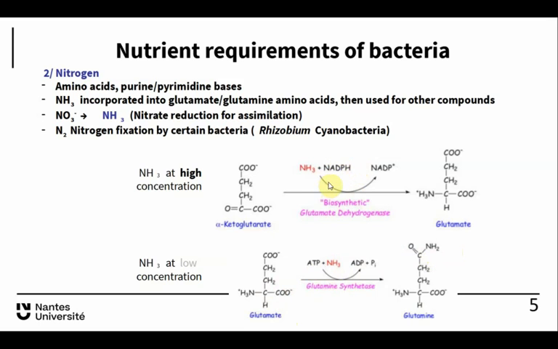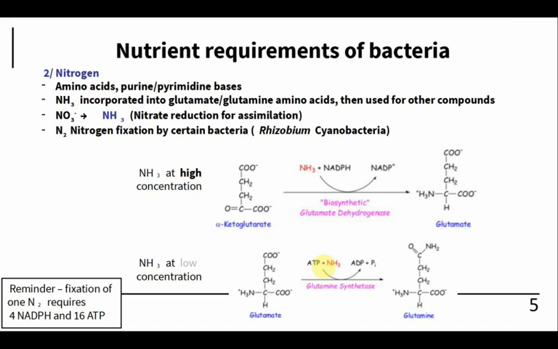This one requires NADPH and this one ATP. But it's only costing you either one ATP molecule or one molecule of NADPH to get the inorganic nitrogen into an amino acid. And that's much easier than nitrogen fixation of nitrogen gas.